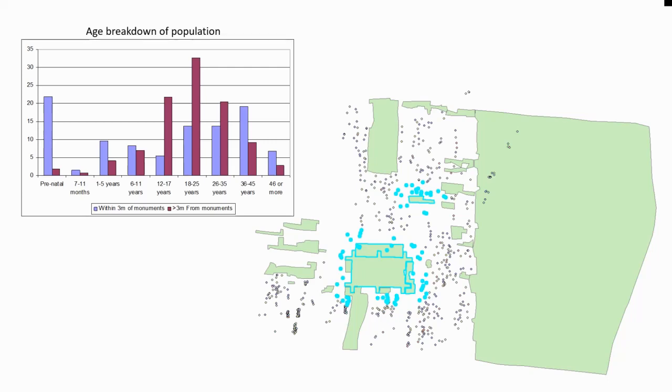We can then look at the information about those burials that we have in the GIS, and here we're looking at the age information, and we can get a profile of what was going on here. And in this case, we can see that within 3 meters of the monument, the blue blocks here, there is a disproportionate number of very young buried in these areas.